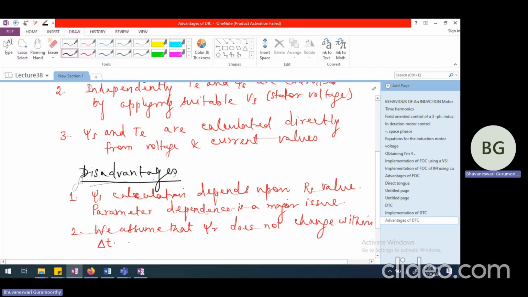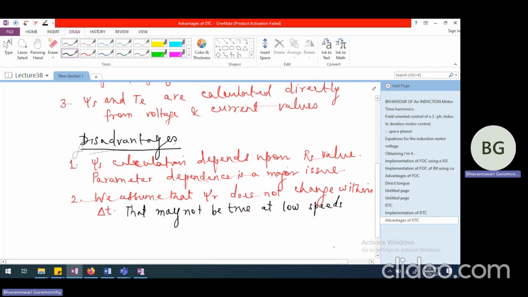But that may not be true at low speeds, because in low speed, the frequency itself is small. So delta t also, the way it responds, psi s might also rotate at very low speed. Then psi r will have sufficient time to respond. So whatever we are assuming, that may not work very well.